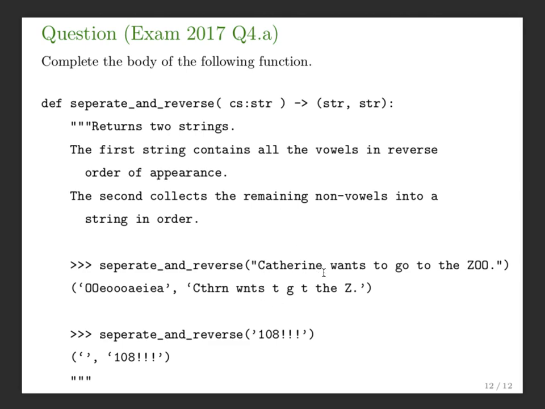So Catherine wants to go to the zoo. Reading backwards, that would be O, O, E, O, O, O, A, and so on. And then reading forwards, I would just dump the vowels. And of course, if you want to separate and reverse on something that doesn't include vowels, you get an empty string and then a full string back.